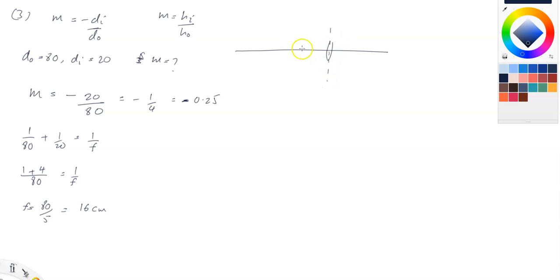It's gonna look like this. F and F, 16. This is 16, so the object gonna be over here. Comes in. Hold on. Goes through F. And it comes like this.